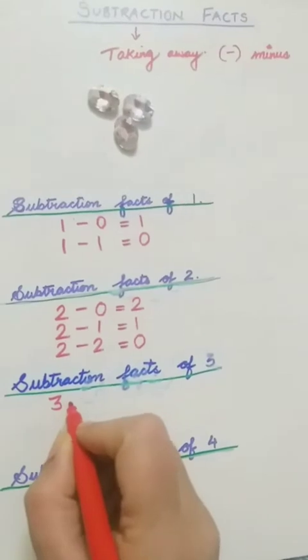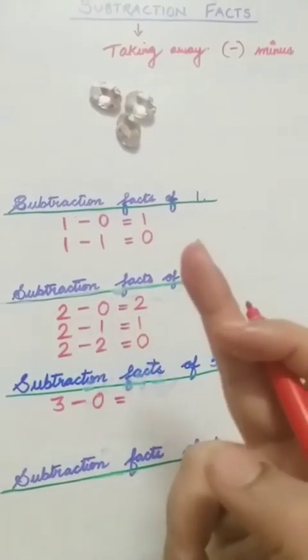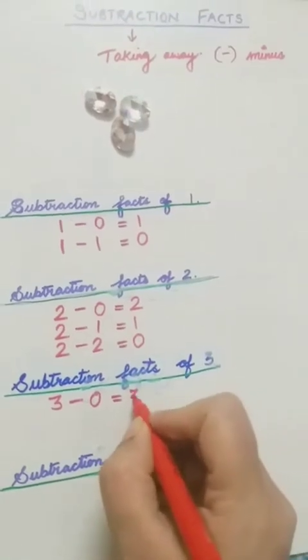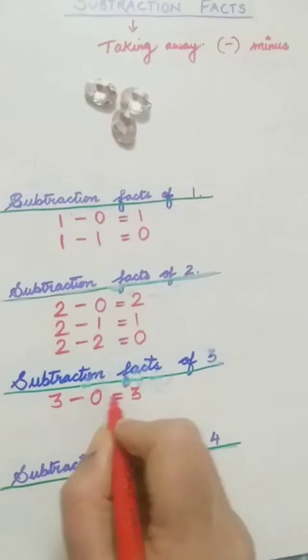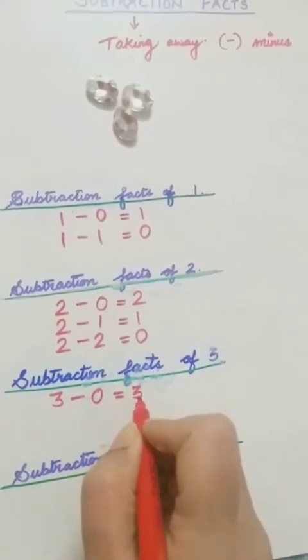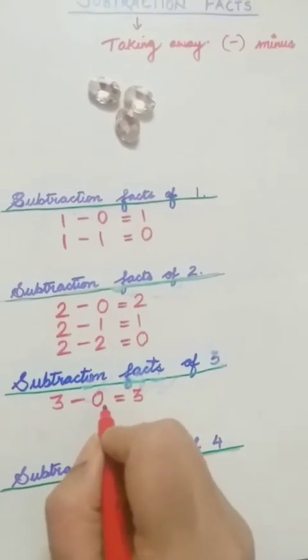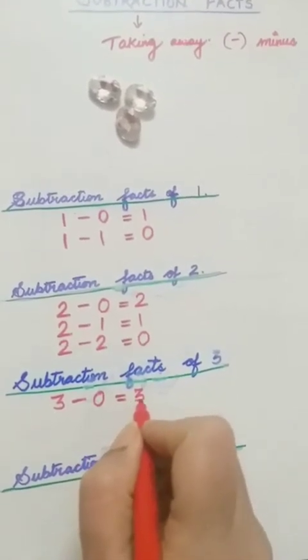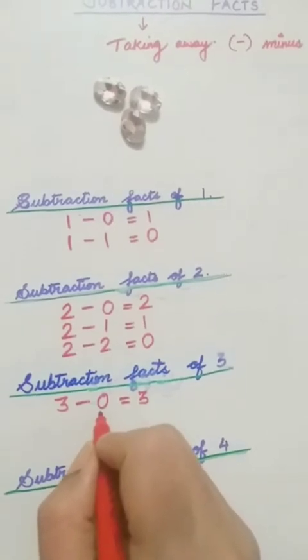So 3 minus 0 is equal to, how many are left? 3. From 3 we have taken away 0. So 3 are left. 0 means nothing. So from 3 we have taken away nothing. So 3 are left.